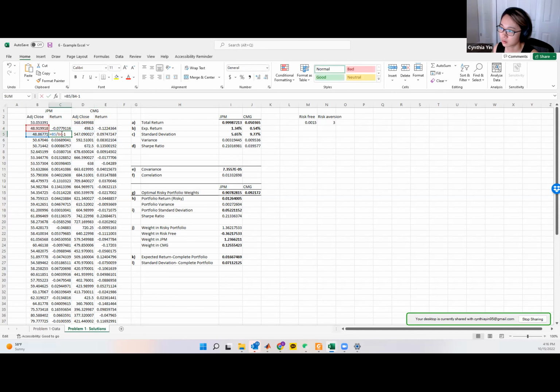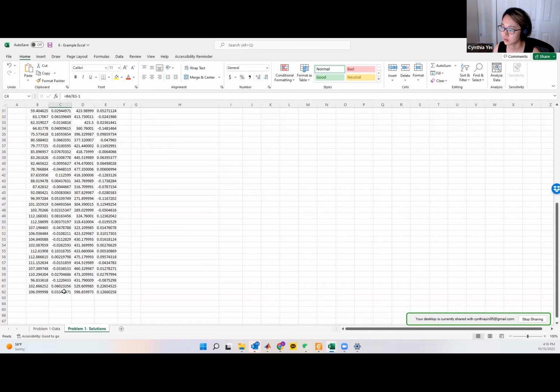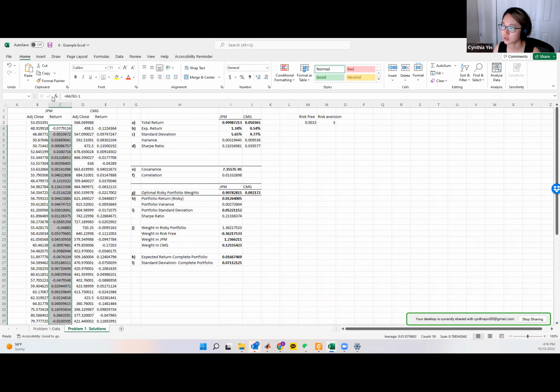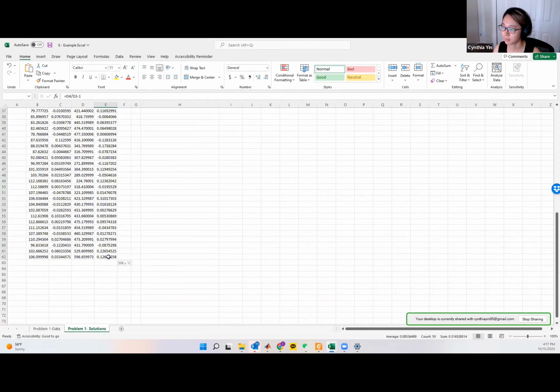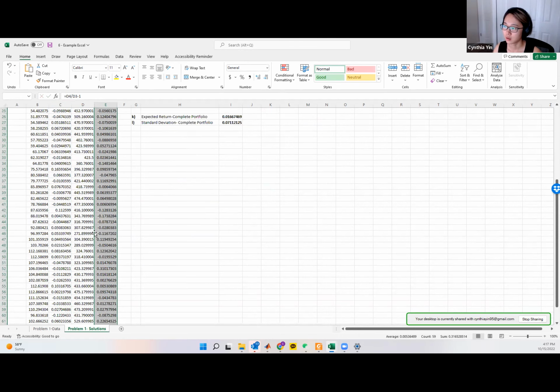And you do the same thing for each row. You will get a time series of returns. This is the time series of return for JP Morgan, and this is the time series of return for Chipotle.